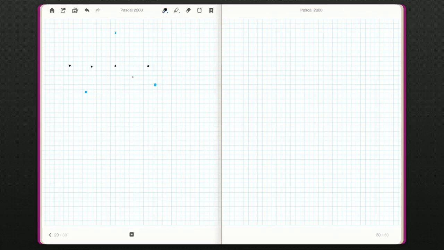No other 3 are collinear. And since I already have black, let's touch these up with red. So the red are my collinear points, and the blue are my non-collinear points.